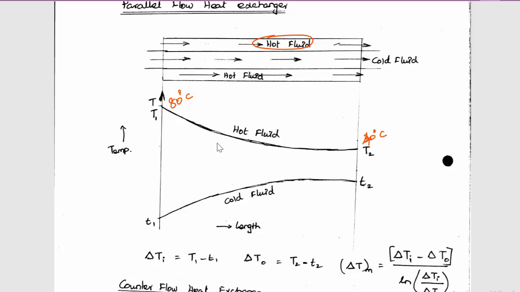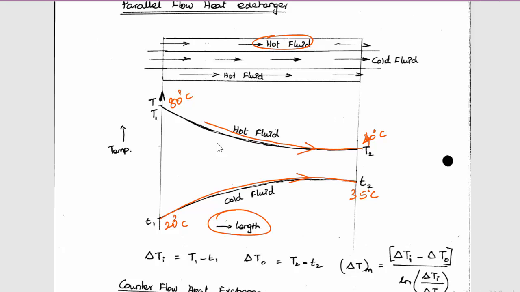Similarly, the cold fluid enters at 20 degrees Celsius and leaves at 35 degrees Celsius. So the temperature distribution will be: at entry condition, the hot fluid temperature is 80 degrees Celsius. Along the length of the heat exchanger, it will lose its temperature like this. Okay, this is the direction of heat flow.